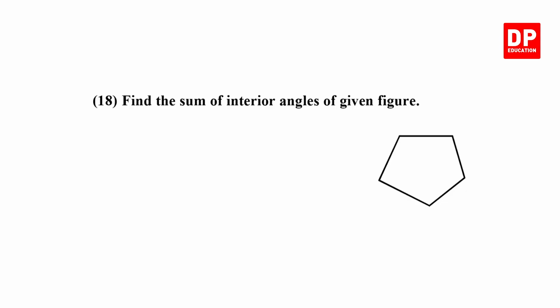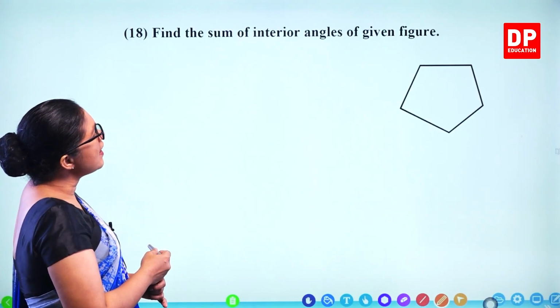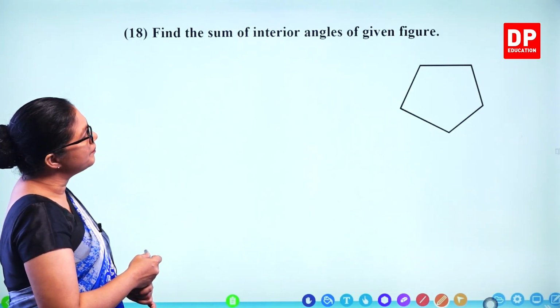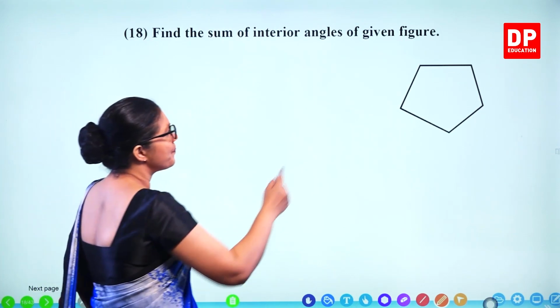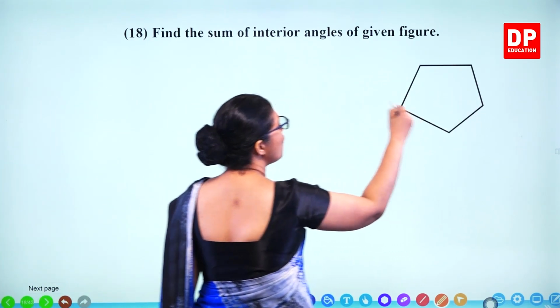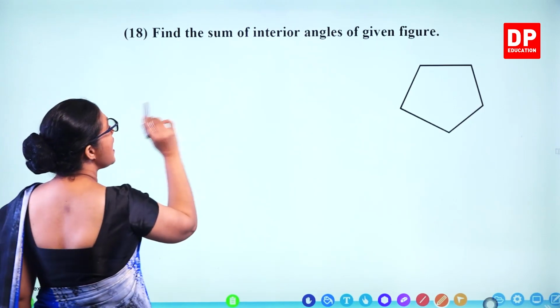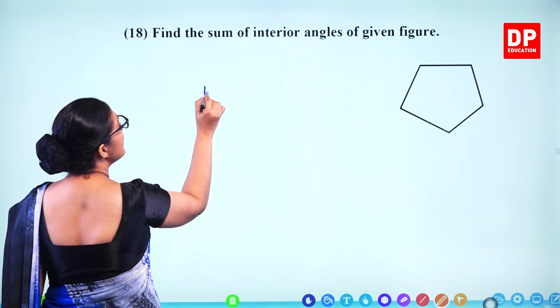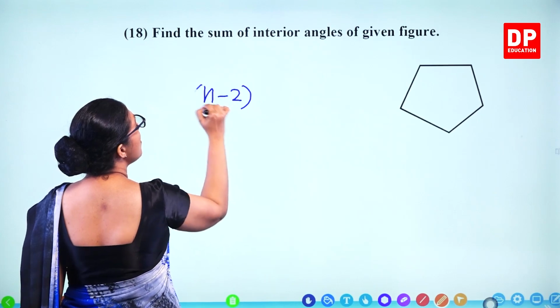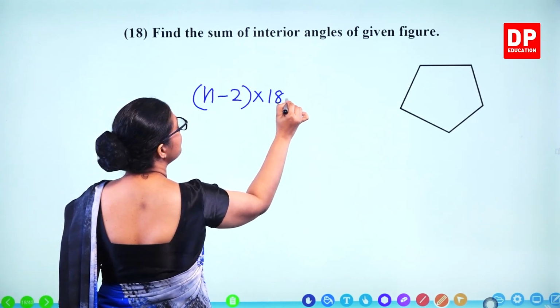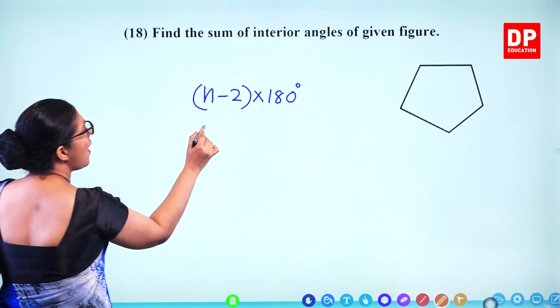Question number 18. Find the sum of interior angles of the given figure. How many sides are there? 1, 2, 3, 4, 5. It's a pentagon. What's the sum of angles in any n-sided polygon? (n minus 2) times 180. Now n is 5.